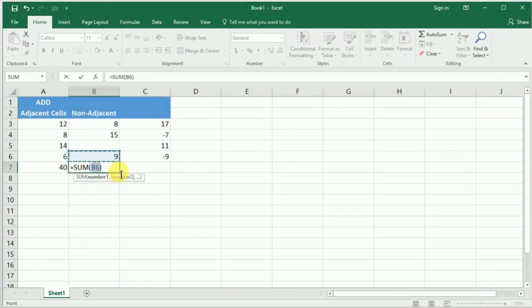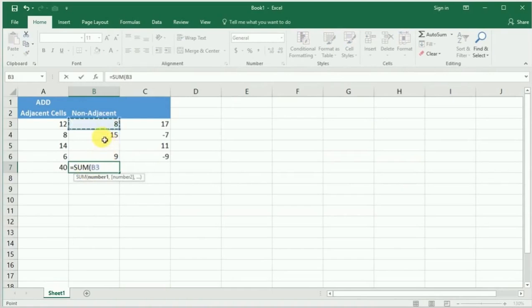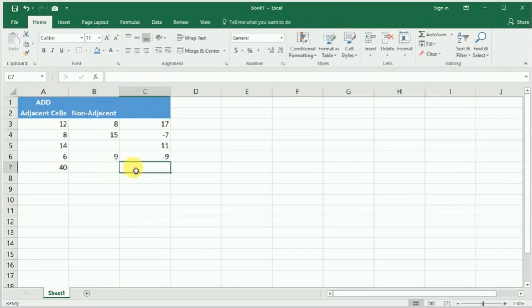To add cells and ranges of cells that aren't adjacent, type equals sum, parenthesis, and then hold the Control key and click the desired cells and ranges of cells, close parenthesis, and press Enter. As a side note, the keyboard shortcut for AutoSum is Alt plus the equal sign. Excel recognizes negative signs and will subtract these numbers, like in this example.